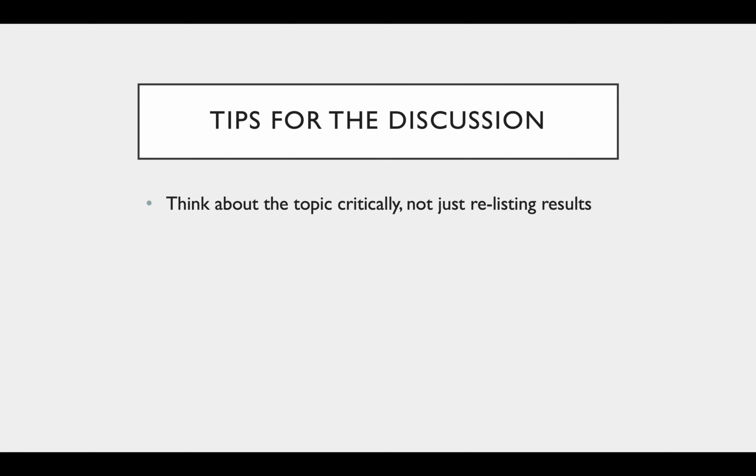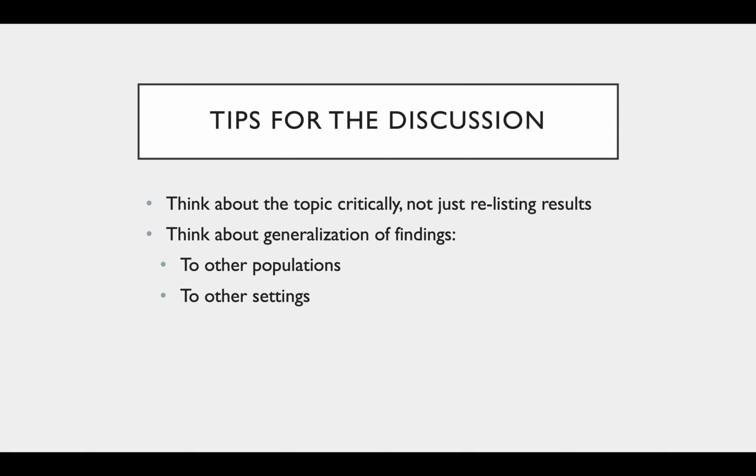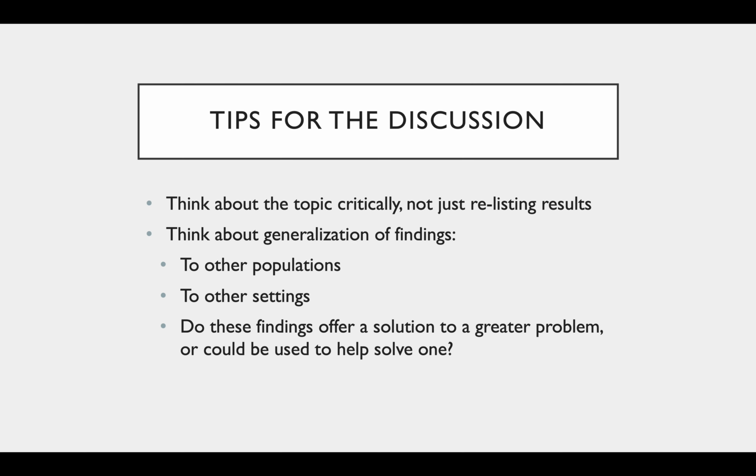You really want to make sure you're thinking critically about this topic. You're not just restating what the results are, right? And by critical thought, I mean thinking about what some of the generalization of these findings could be. So, for example, how would this generalize, or what would be the external validity if we think about this spreading to other populations, maybe other settings?